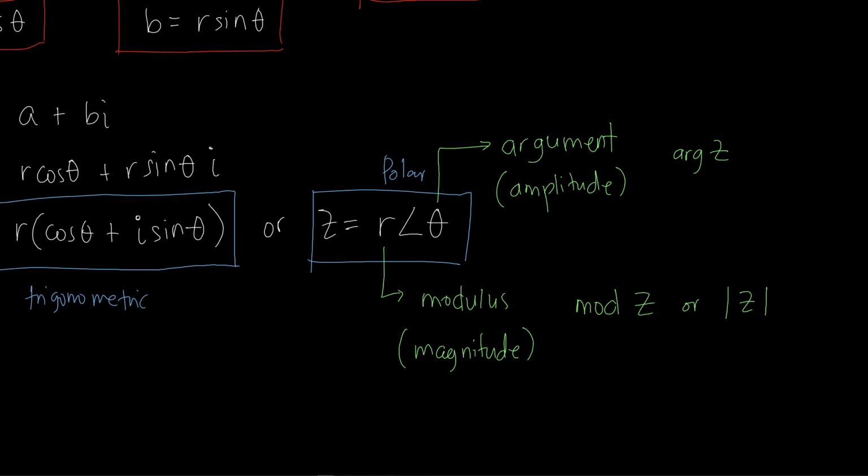If you are asked, given this complex number, find arg of z, the answer is the angle. Is that understood?